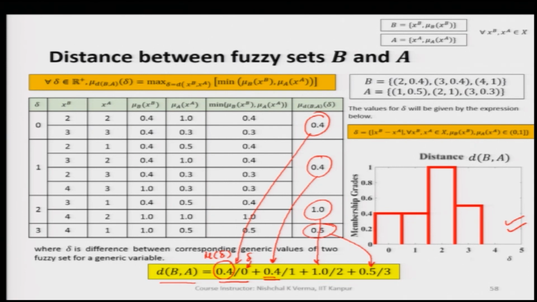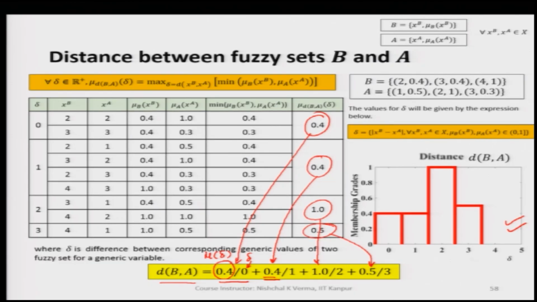These pairs will be used to find their corresponding membership values, and these values then fill in the table as x b, x a, mu b of x b, mu a of x a. Then we take the minimum of these membership values, and when we have done this for all such pairs, we take the max of the minimum values to get the final value, which is mu d b comma a of delta.